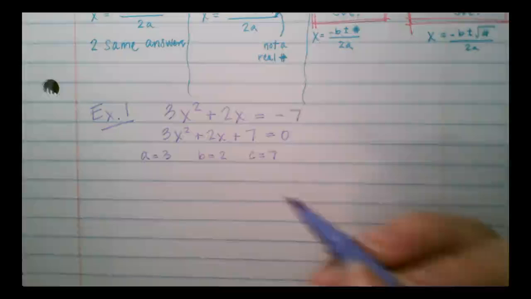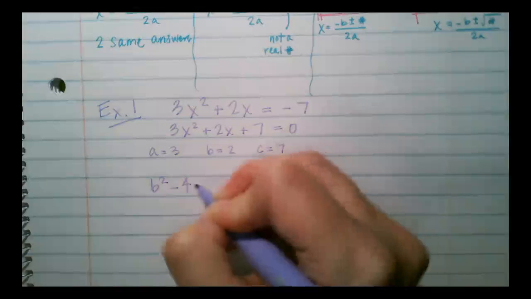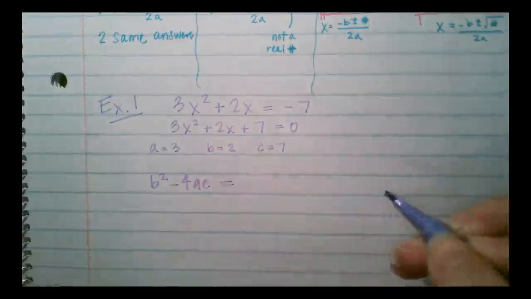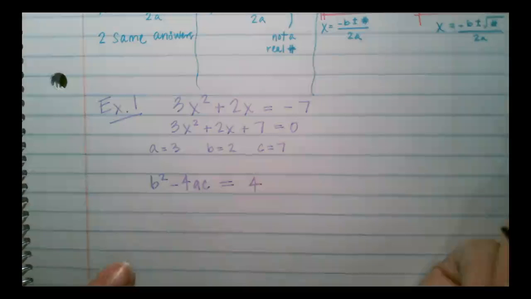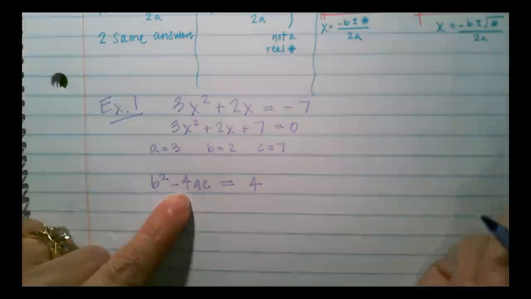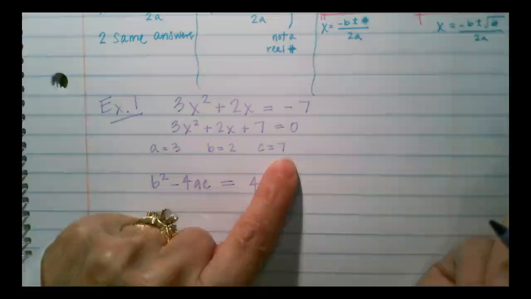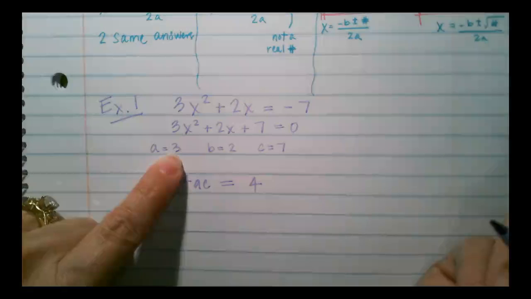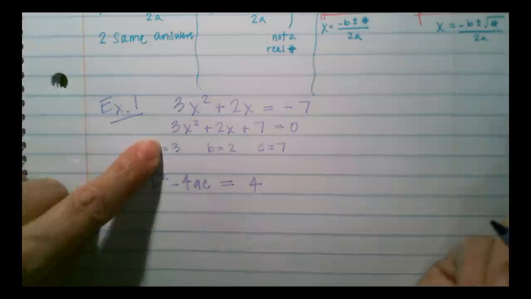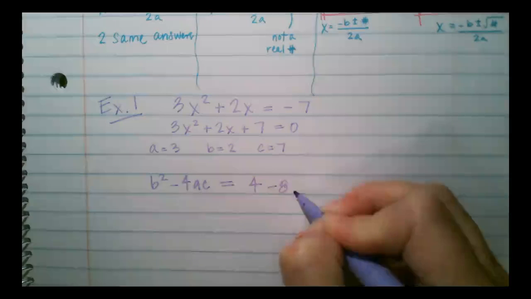Okay, so what I'm going to do now is fill in b squared minus 4ac. So b squared is 4. Now I need to do negative 4 times 3 times 7. So negative 4 times 3 would be negative 12, times 7 would be negative 84.